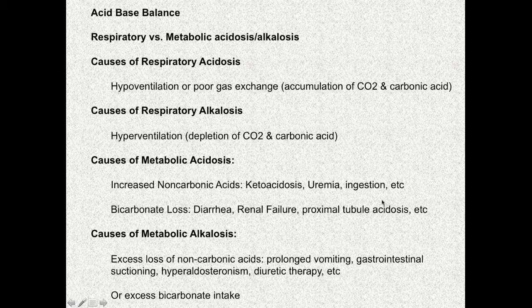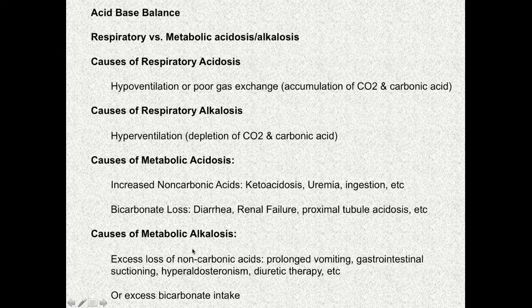And then one specific example of acidosis by a renal cause is called proximal tubule acidosis, and this is where again we lose too much bicarbonate and we retain too much acid. So as you can notice, the renal impairment is a major mechanism for metabolic acidosis.